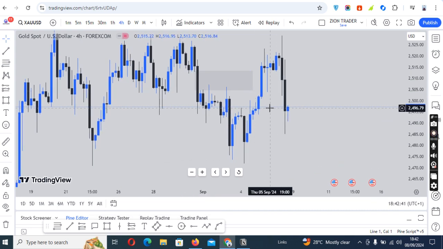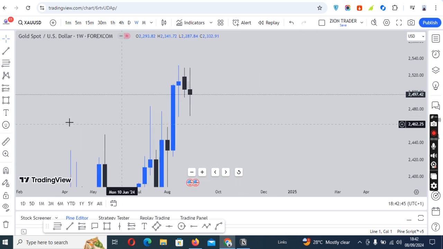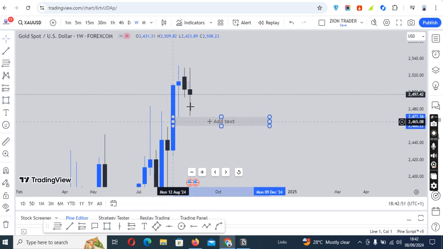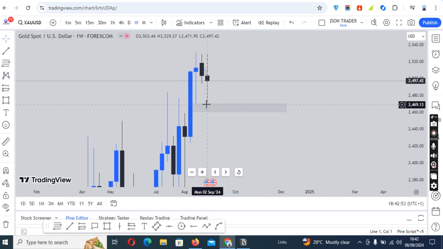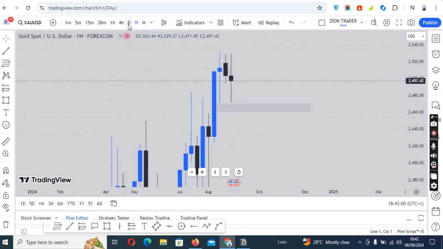But then you guys know that coming into the weekly time frame, we actually had a draw on liquidity. Our draw on liquidity last week was here, and I was surprised why this drop did not take us into this fair value gap on the weekly time frame.